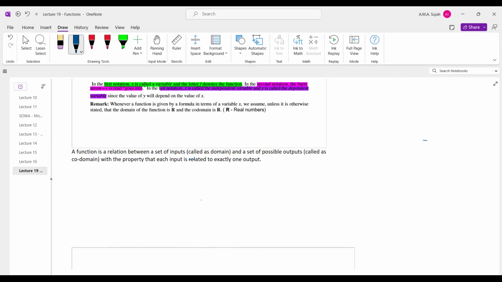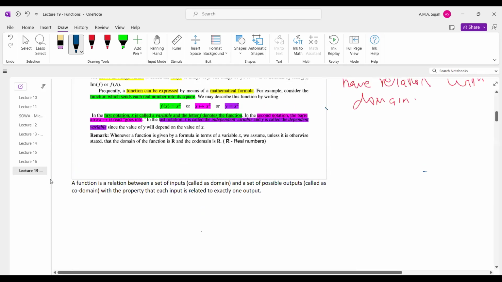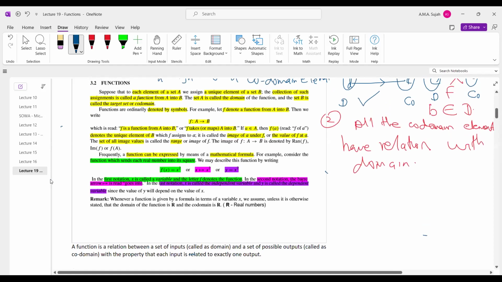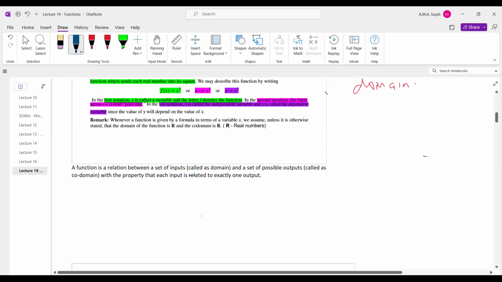Second, it's not mandatory that all the codomain elements are assigned to the domain. One domain element cannot have a relation with more than one codomain element, but one codomain element can have a relation with more than one domain element. So these are the four important points you need to remember to find out whether the given relation is a function or not.